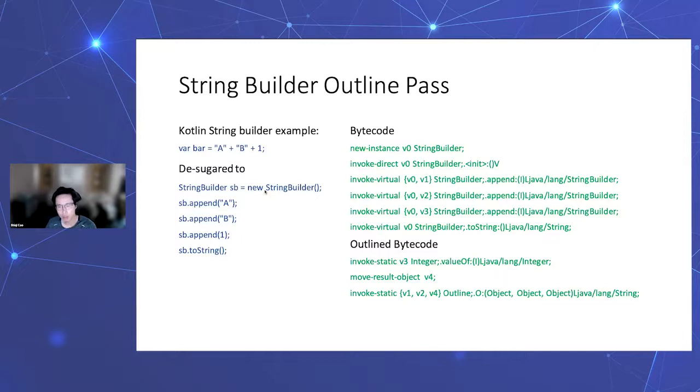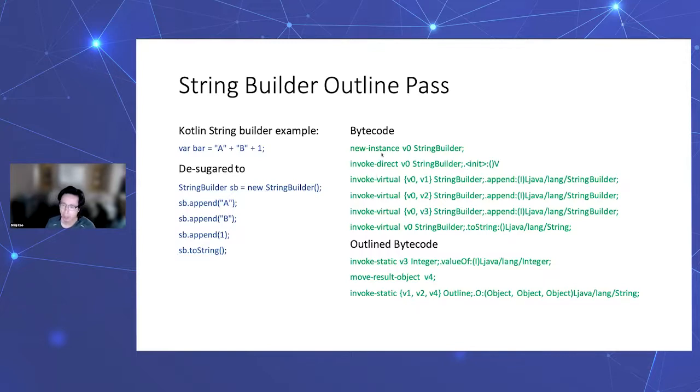So you can see here the code size is proportional to the number of components in this string concatenation. So it's a linear increase if you have more components to concatenate.